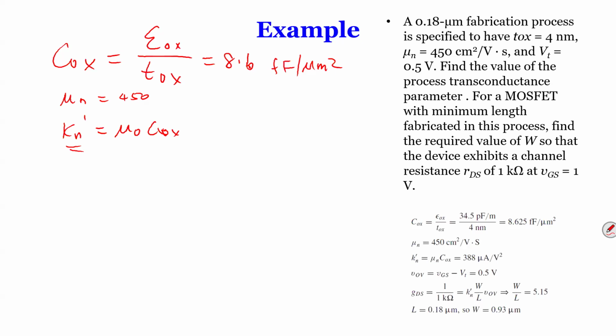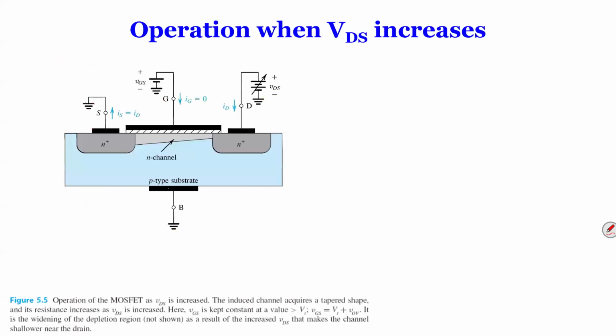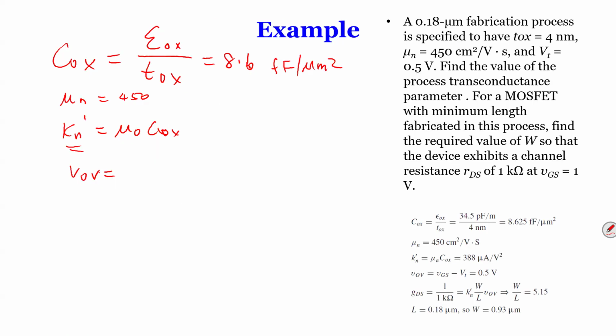And then VOV is also given. No, VOV is not given, VT is given at 0.5.